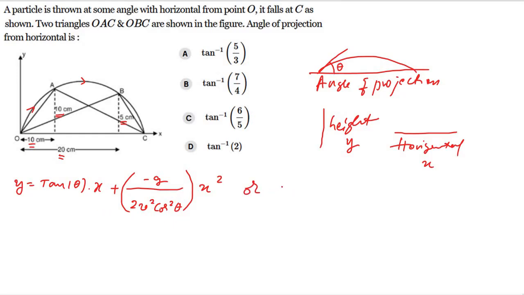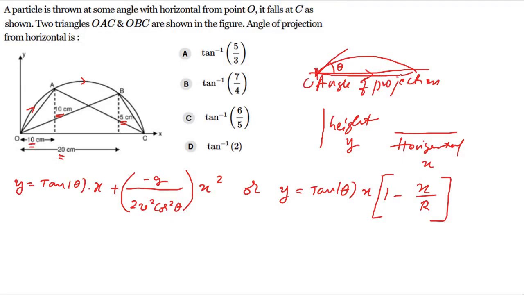Otherwise, I can also use y equals tan theta multiplied by x, and in the bracket I should write 1 minus x divided by R. So R stands for the range. Range is nothing but the total distance traveled horizontally, right?